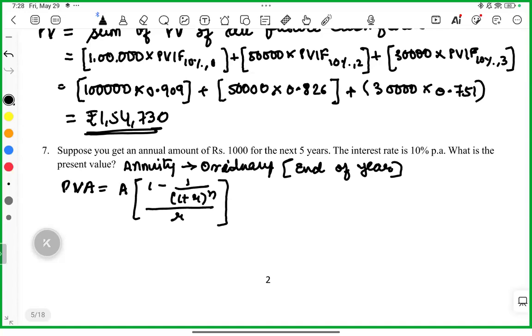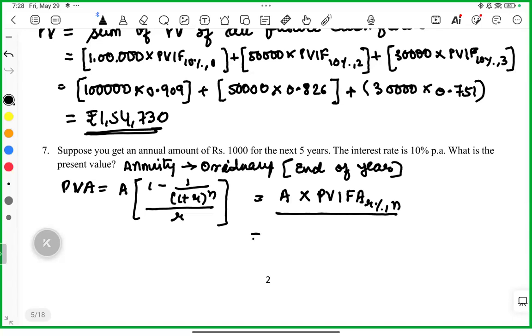This is a formula, but you don't have to remember this formula. What you can simply write in exam is A into, this is annuity, so we will use annuity factor. Present value interest factor of annuity at R percentage for N years. You have to remember only this much in exam.